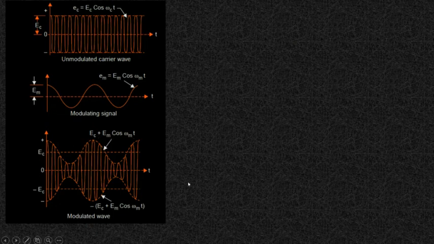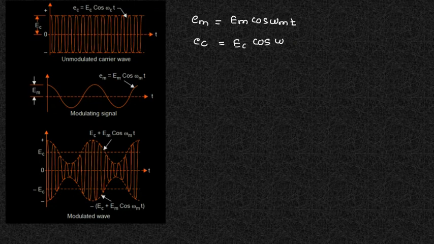Now here we are going to write everything. I'll write first the modulating signal, which is Em cos omega mt. The carrier is Ec cos omega ct, and this is what we call the instantaneous amplitude. Okay, and along with that cos omega ct.